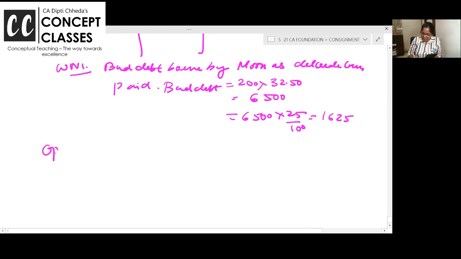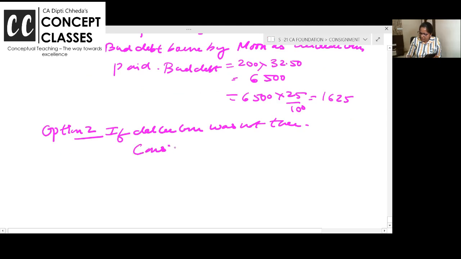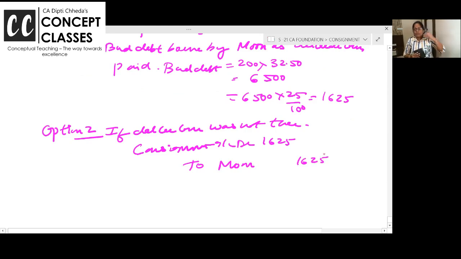Can I please ask you all to write option 2? If Del Creeder commission was not there, who will bear the bad debt? Consigner. तो क्या करते थे? Journal entry तो लिख के रखो. Consignment account debit to Moon account 1625.